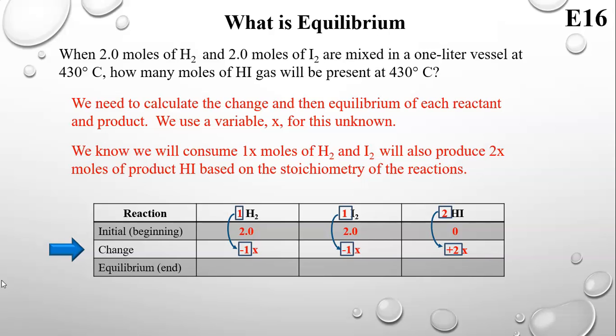So it's going to be negative on the reactant side and positive on the products side. So you always write the change line like this. Your x is an unknown value, but you know the proportion of moles. It's going to be 2 HI for every 1 I2 for every 1 H2. And so you write those coefficients. So now you can simply add or subtract as is appropriate.